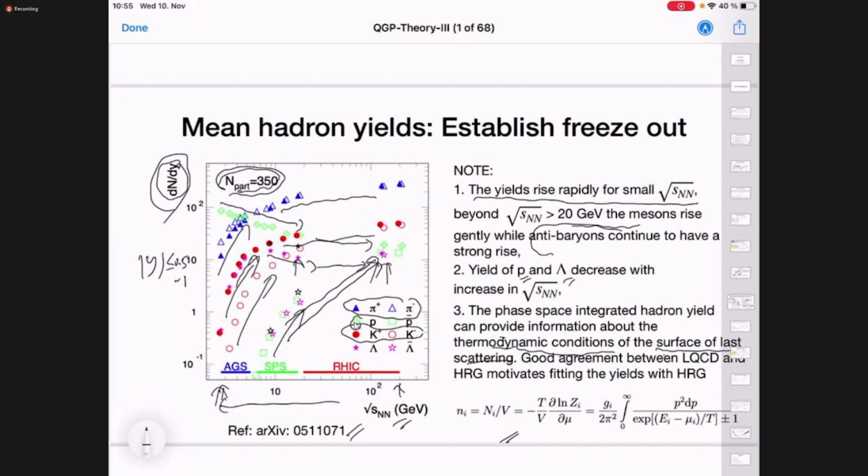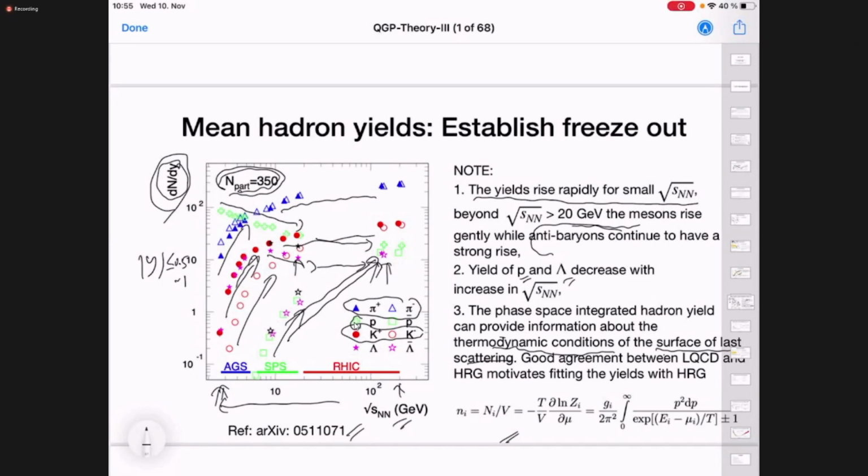So does that mean that in heavy ion collisions we don't make a comment on anything other than freeze out? No, we do, but for that we have to look at phase space differential observables, which we will discuss in the next lecture, maybe tomorrow.